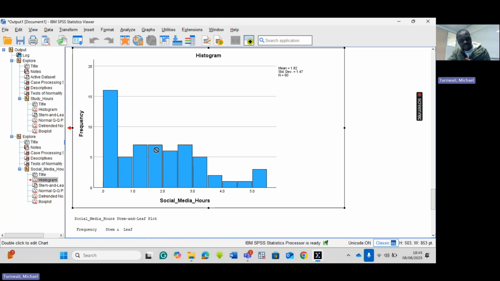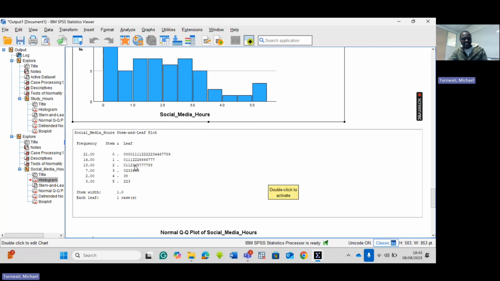If we draw from here to here, you see this place shoots out as an outlier. You also see this bar here very high at the beginning. So it tells you it is not normally distributed. Right at this curve, we have a skewed curve towards the right-hand side, positive skew. So it's not normally distributed.